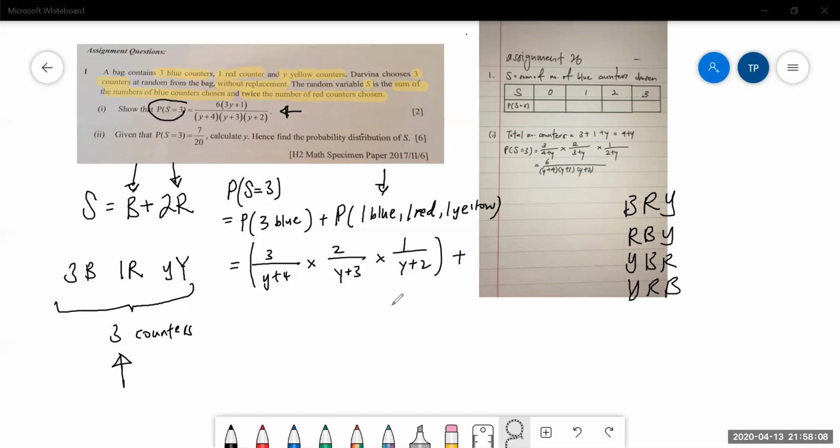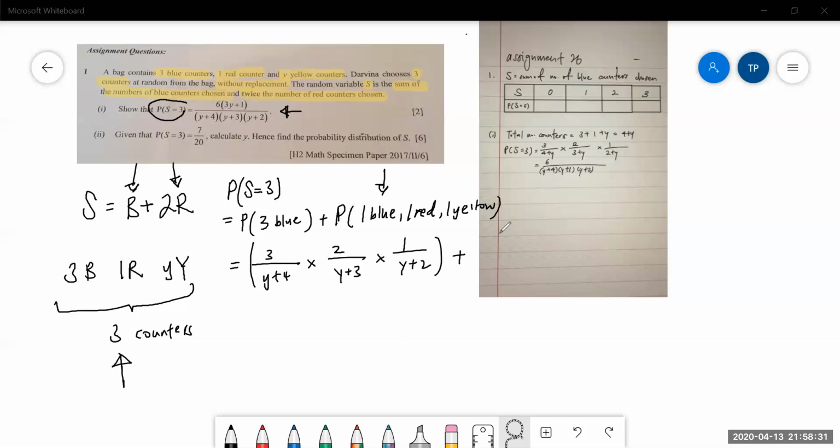But actually I think we don't need to consider so many cases, because I think the probability will still add up to become the same. Why?